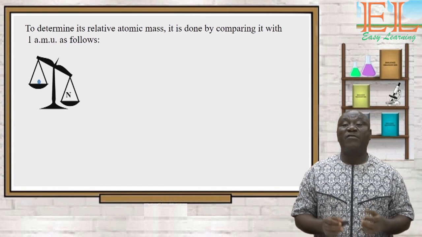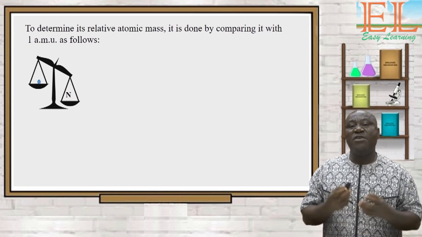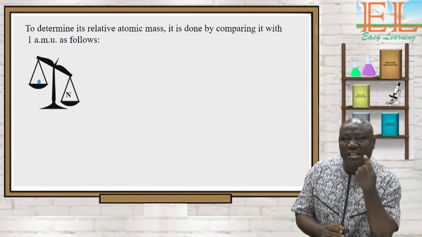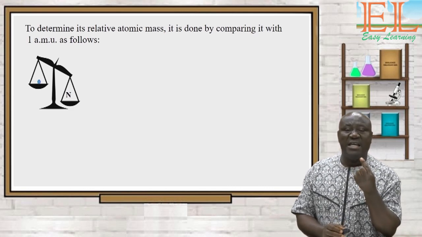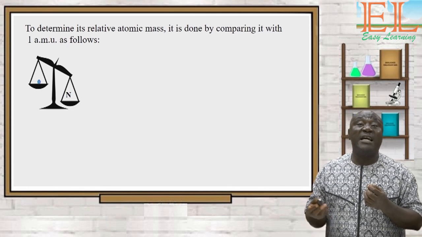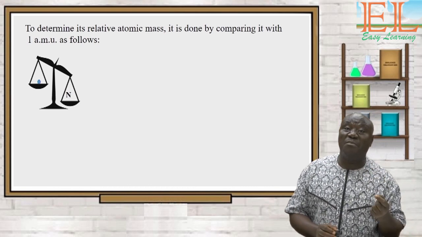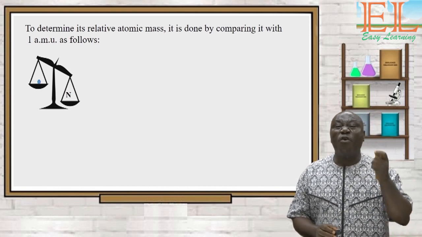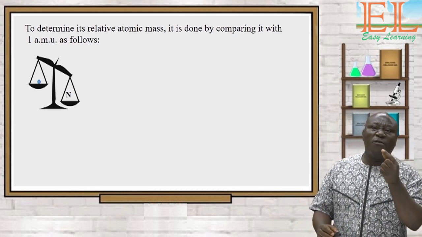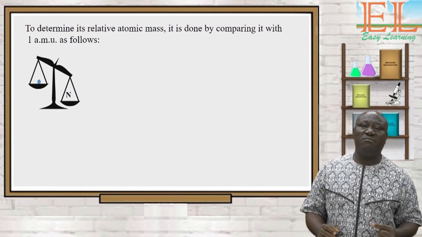So, if I place a single atom of nitrogen in one arm of a balance, and I place 1 unit of carbon-12 in the other arm, it will tilt towards the nitrogen atom, because nitrogen atom is 14 times as massive as a single unit of carbon-12.